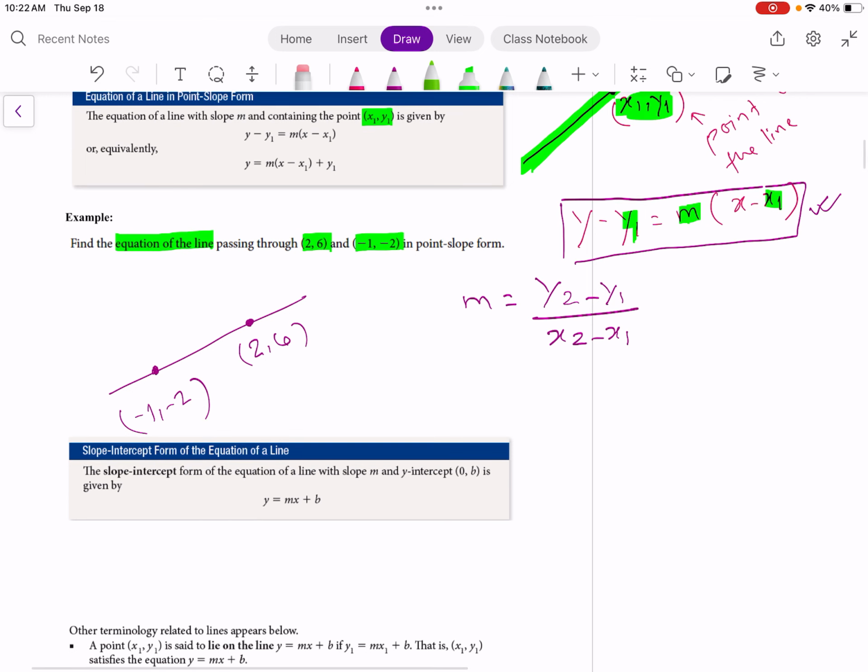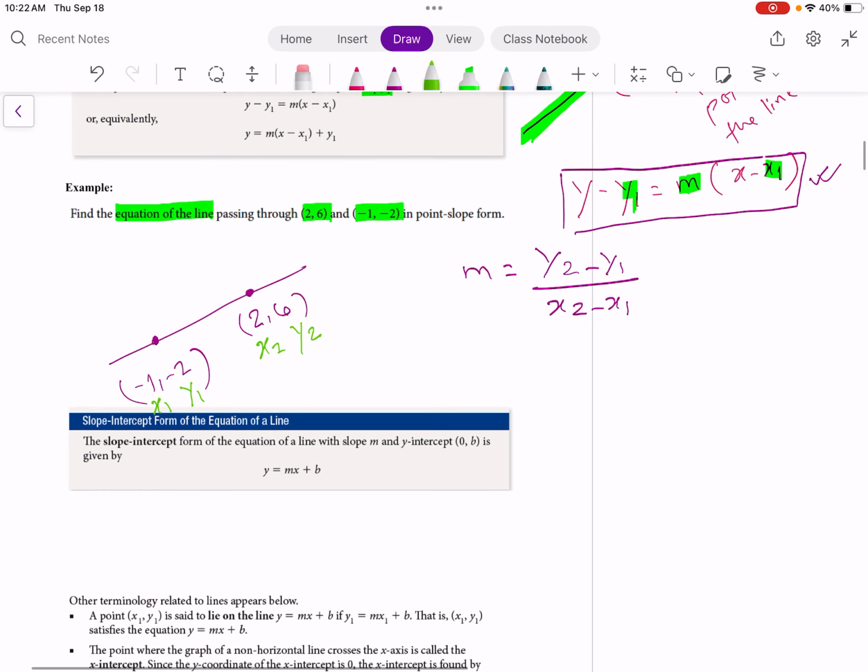Let's call one of these points x1, y1, and the other x2, y2. You can call 2, 6 x1, y1, and the slope remains the same. You can call either point x1, y1 or x2, y2. Our x1 is -1, y1 is -2, x2 is 2, y2 is 6.